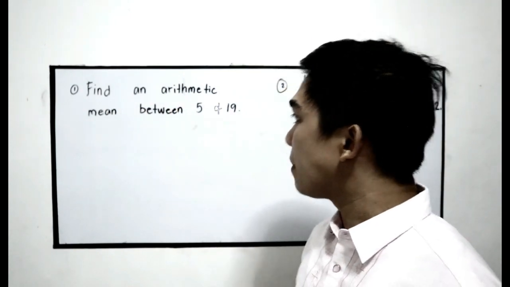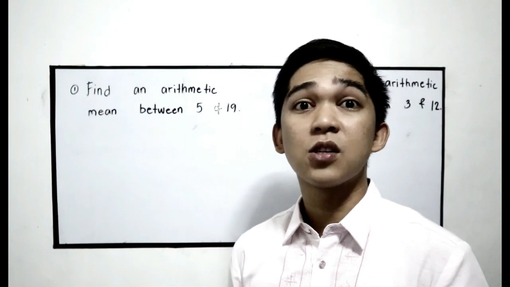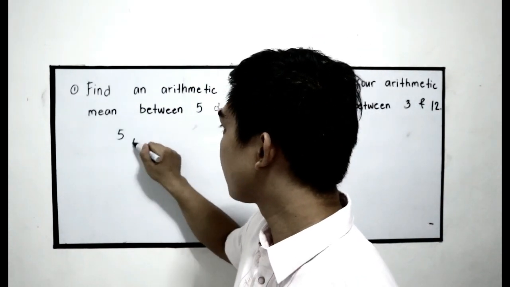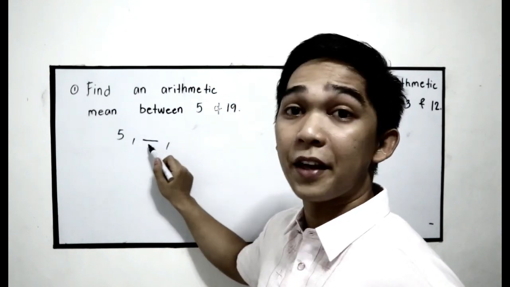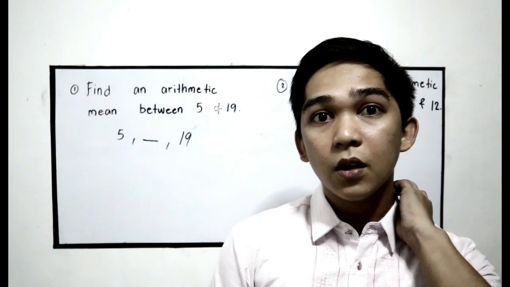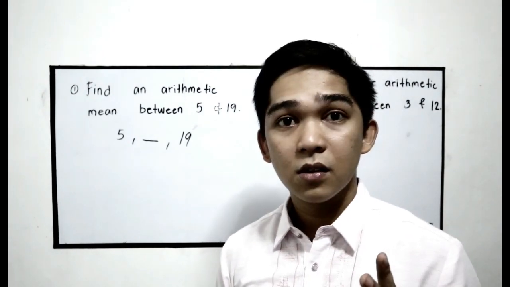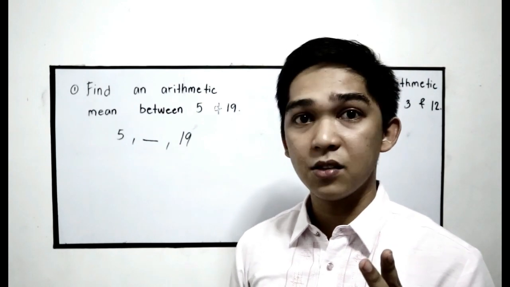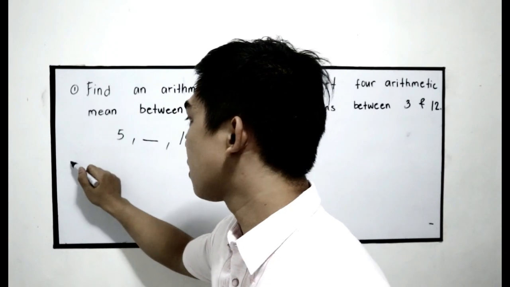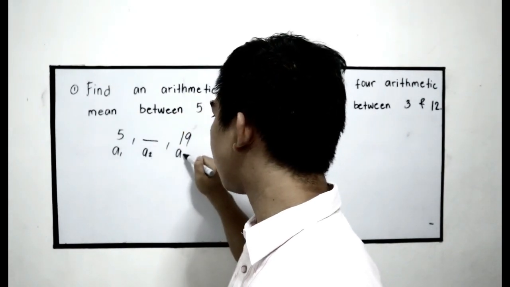Find an arithmetic mean between 5 and 19. First, let us illustrate. A1 will be 5, we're going to find the mean, then 19. We can use this method. Since the mean is the average, we can just add the two numbers. So this will be A1, A2, and A3.